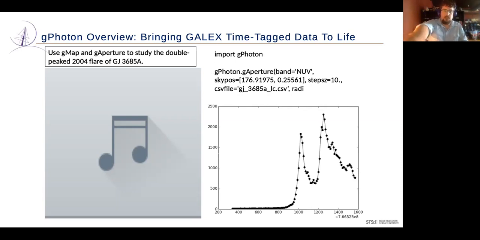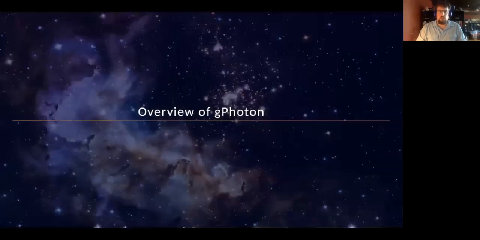In this case, that is the location of JG 3685A in decimal degrees, and a time resolution, which is the step size. And in one line, you can create a light curve of the data. You can create that at 1 second resolution or 10-minute resolution, depending on what your science case is. You can rapidly change how you're analyzing the data.